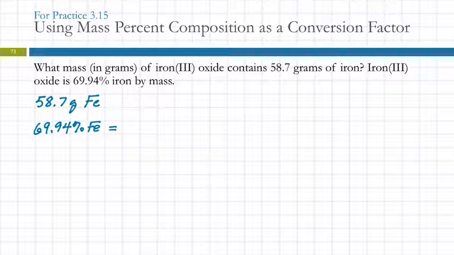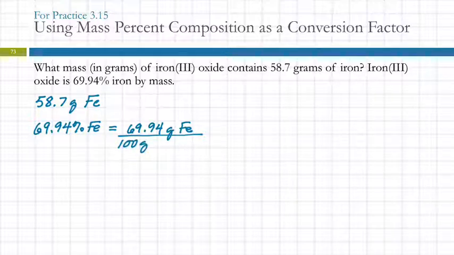So that is the same as 69.94 grams of iron per 100 grams of the compound. Okay? Percent is per 100. So this relates the mass of iron to the mass of the entire compound.